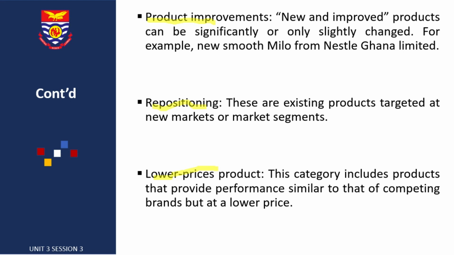This category includes products that provide performance similar to that of a competing brand but at a lower price. So when you take the pepper sauce I produce, for instance, I produce and package it nicely in a glass bottle, but I realized that the secondary students cannot afford it. With that, I had to purchase a rubber container.